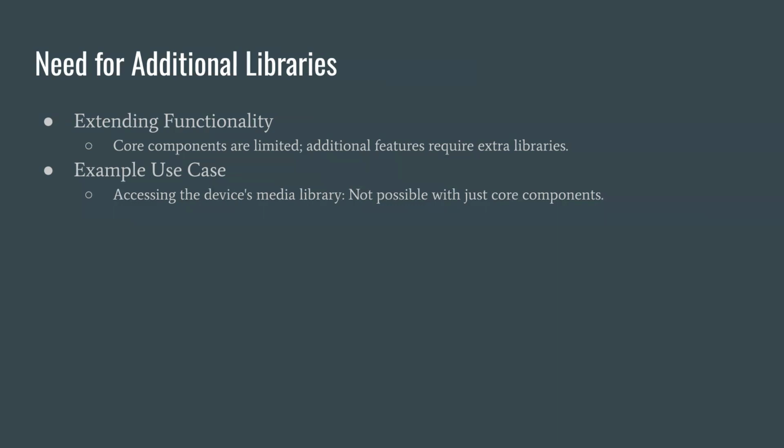So in order to accomplish this, we'll need to use a special library called Expo Image Picker, and we need to use a specialized library because React Native's core components don't provide this functionality directly.